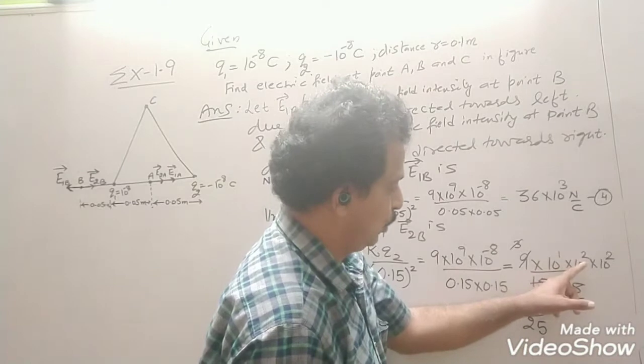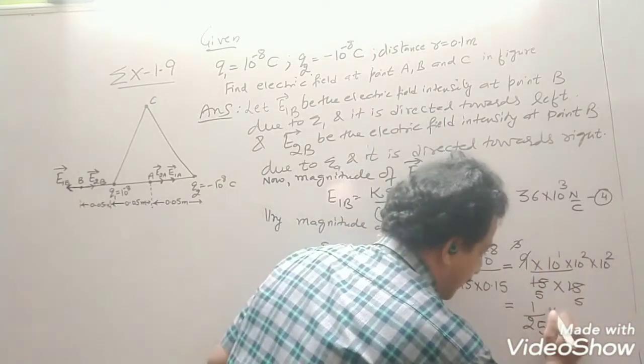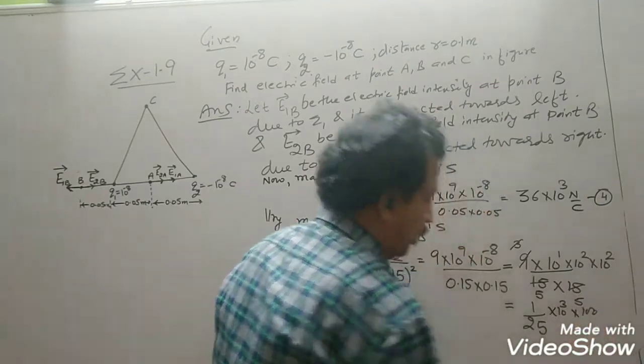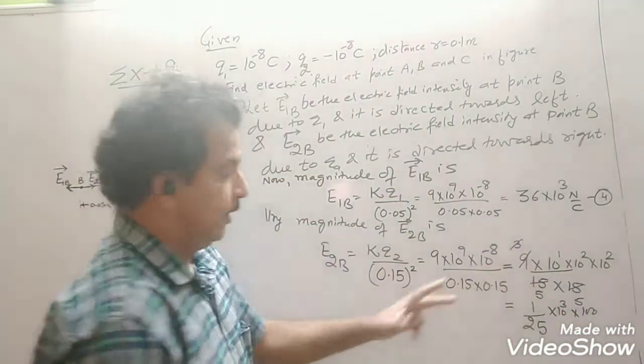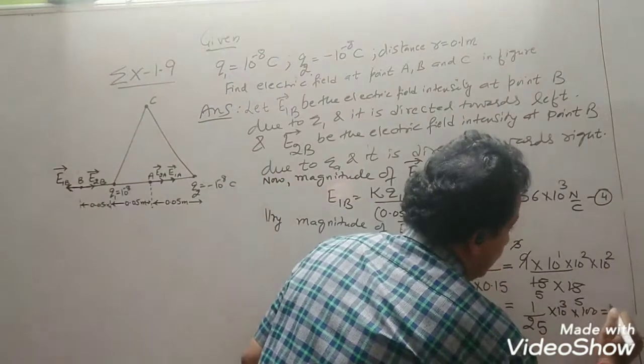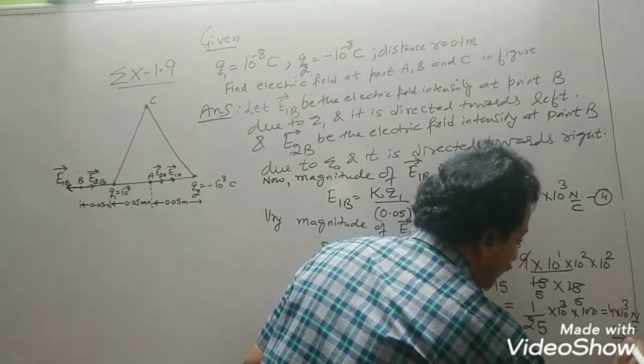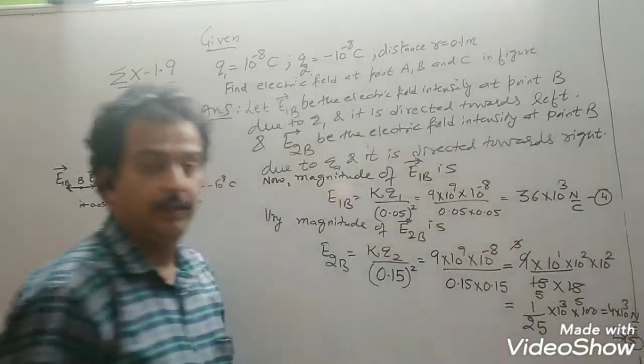Taking the powers of ten together, this comes out to be 4 into 10 raised to 3 Newton per Coulomb. That is equation number 5.